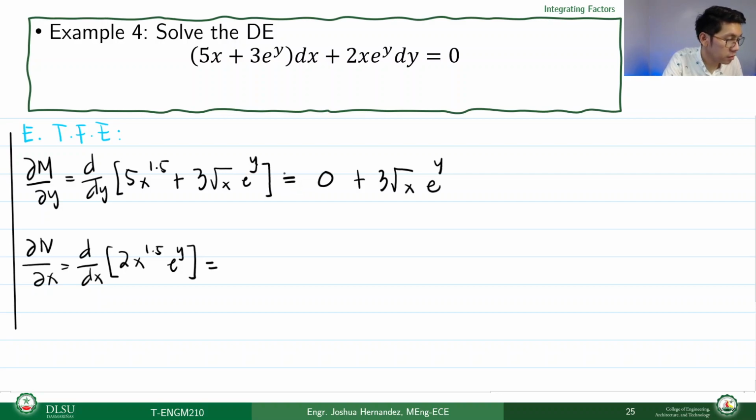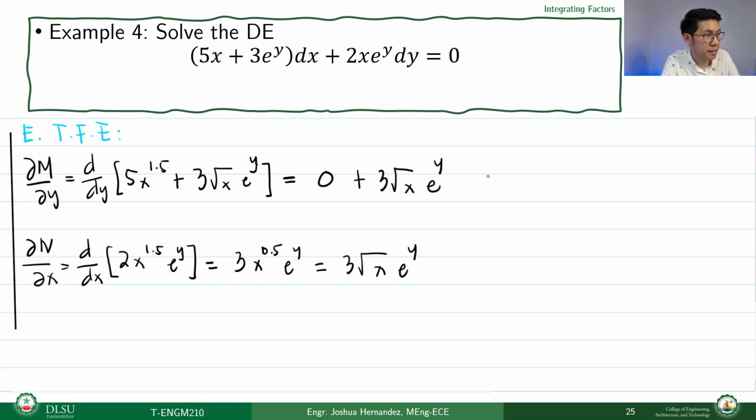And how about this one? We have the power rule. So 1.5 times 2 is 3, and 1.5 minus 1 is 0.5, so 3x raised to 0.5 e to the y, which is equivalent to 3 square root of x e to the y.